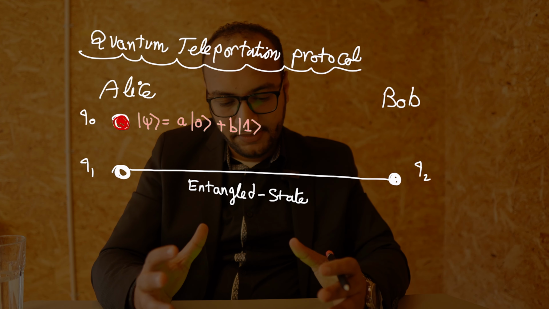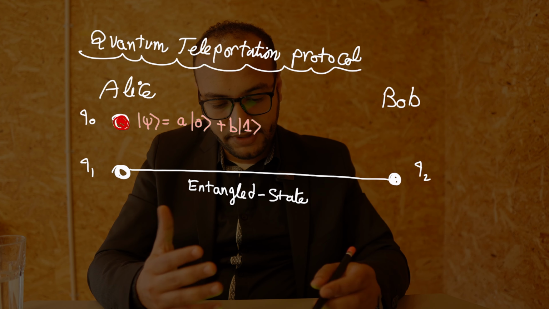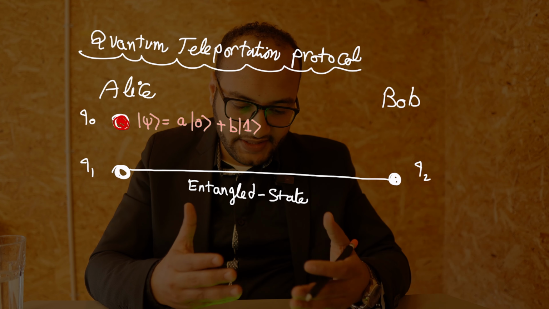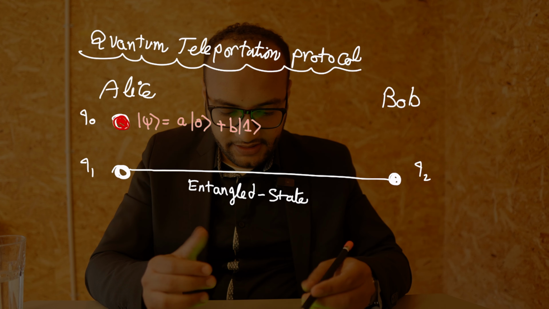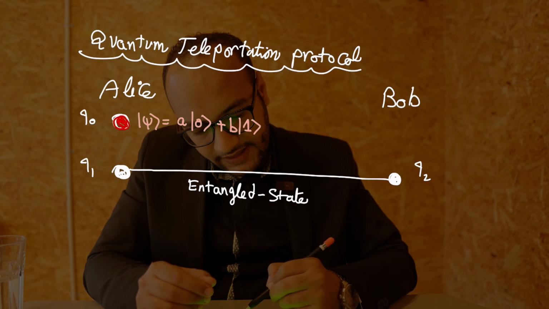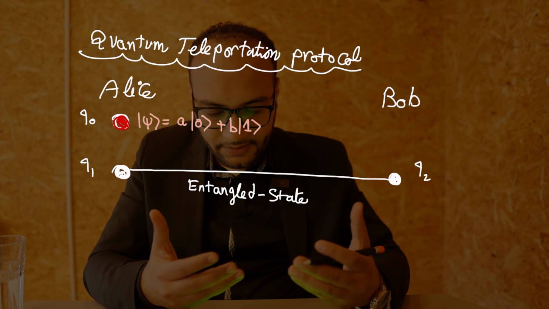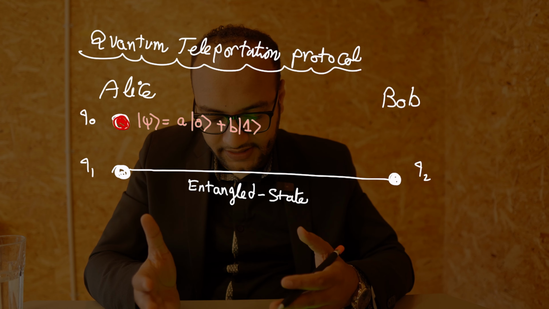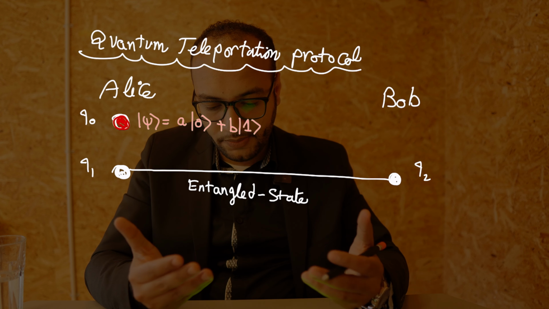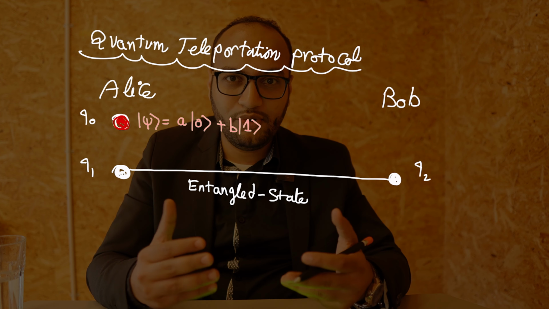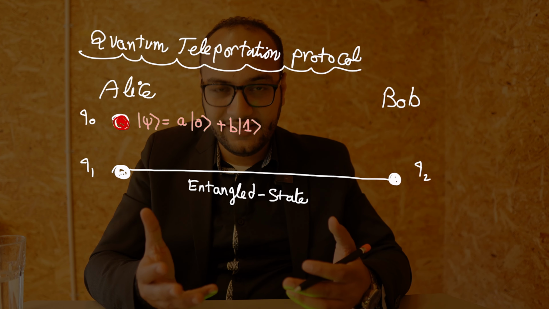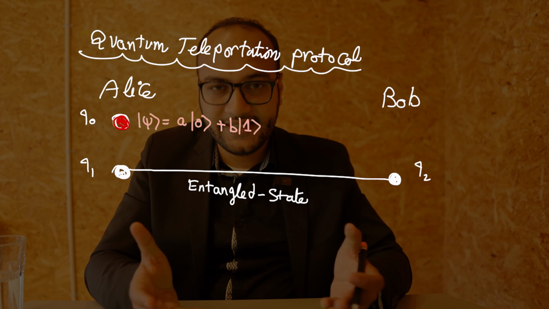So here the entanglement is playing an important role because it would transmit the message from Alice to Bob. These 2 states should be in entanglement, and then Alice has to do some things to send the state, and of course Bob also has to do some post-processing in order to retrieve the state correctly that Alice has sent him.